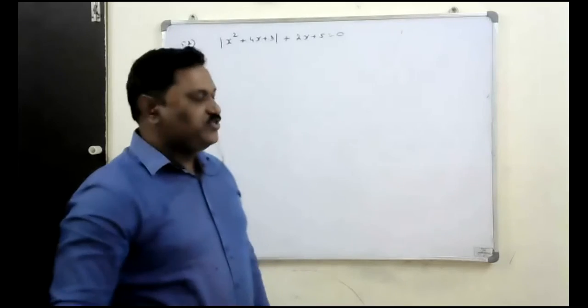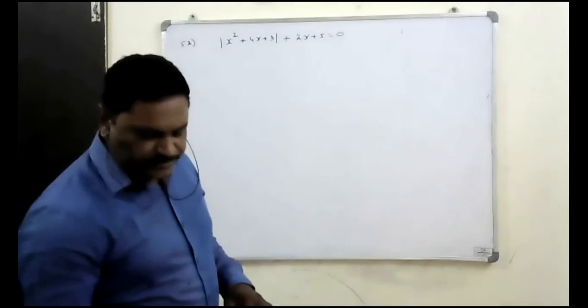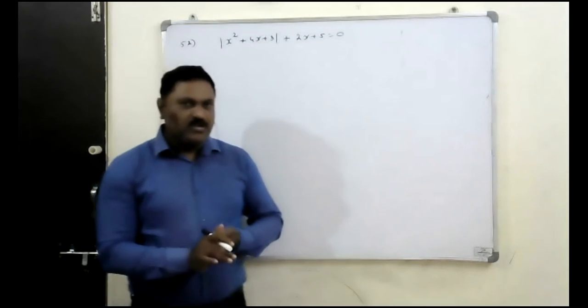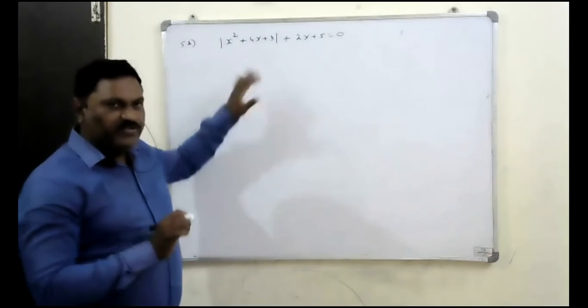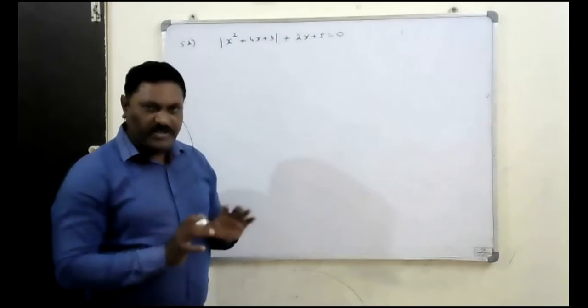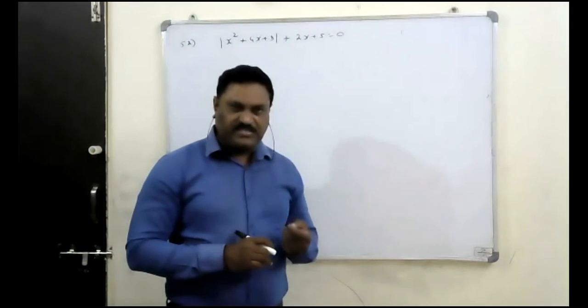Okay. Observe this procedure and this method. Whenever there is a modulus, we have to carefully simplify it by taking cases. Because this expression is in the modulus, if you remove the modulus, it may be positive or negative. That we don't know exactly. So recollect the definition of mod x.